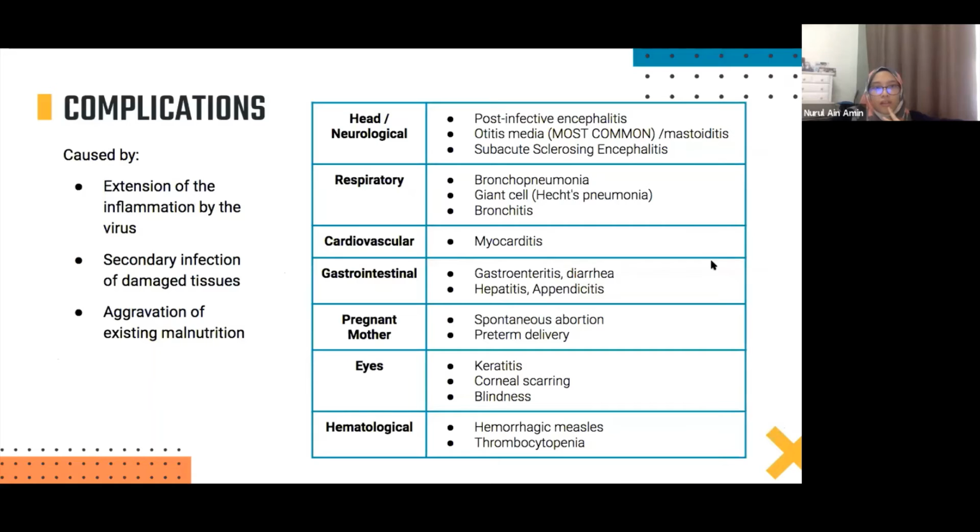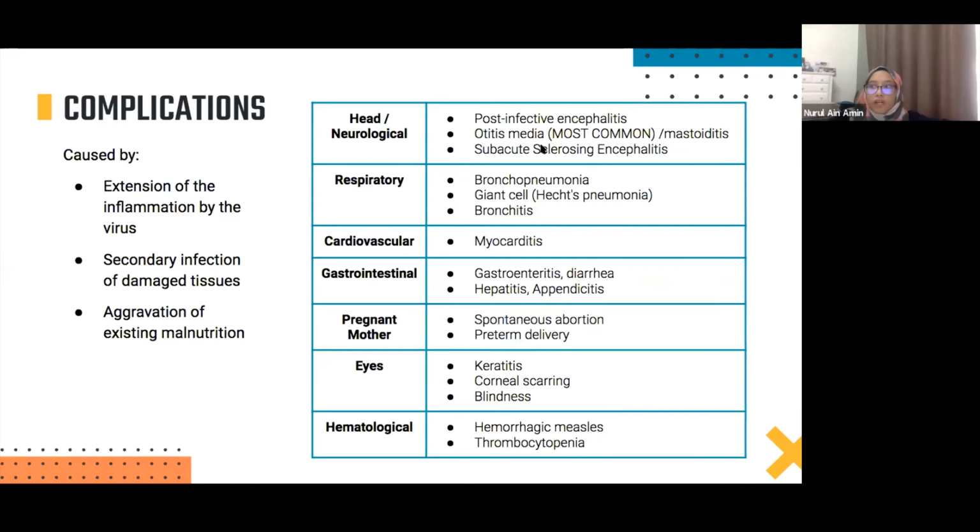Okay, and the complications. The complications are usually caused by the extension of inflammation by the virus, secondary infection of the damaged tissues, and aggravation of existing malnutrition. This is how most of the complications are caused. The most common complication is otitis media.